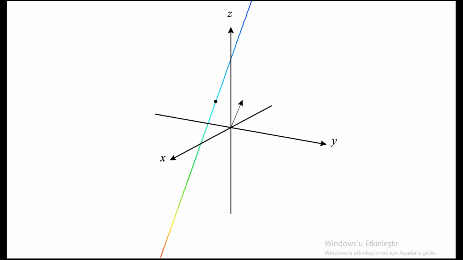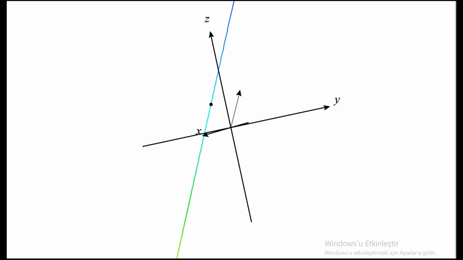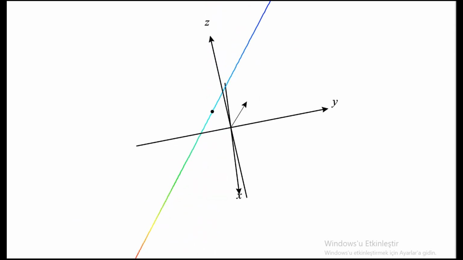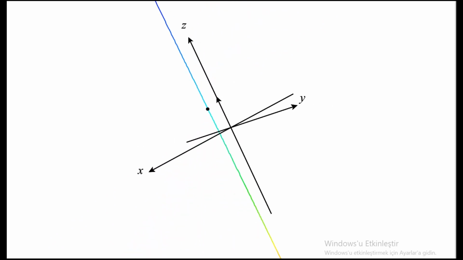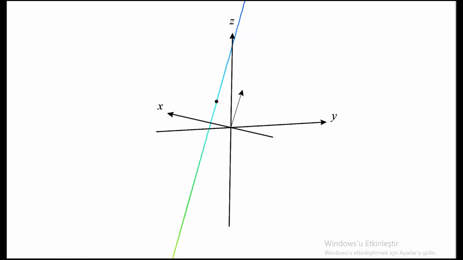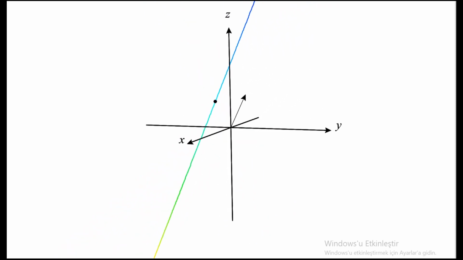So this is the line passing through (1, -2, 4) and having this direction vector, (2, 3, 5). You see this line is not passing through the x-axis or y-axis, okay?